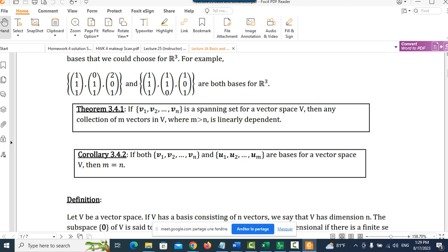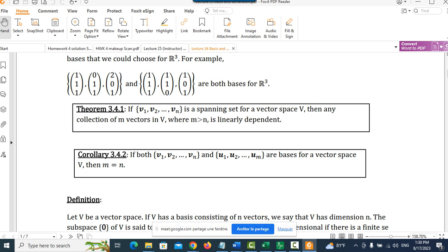I will find a linear dependency if I take any vector beyond the total number of vectors that span the entire vector space. So suppose I can span the entire vector space with only two vectors, and then I take another vector from that same vector space and check whether they are linearly dependent or independent. I'll find that they are linearly dependent. That's what this theorem is saying.